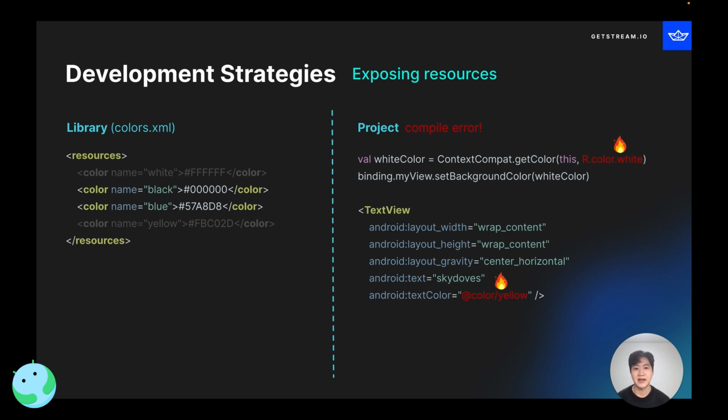If library maintainers remove the resources when they don't need the colors anymore, then library users will encounter a compilation error when they update to a new release of the library. And it's very difficult to debug because the library users never know which libraries include what resources.